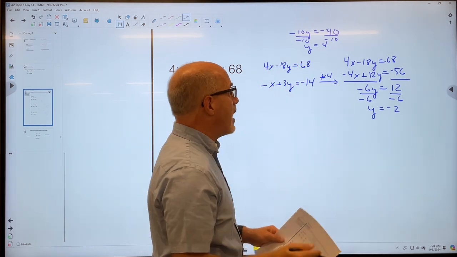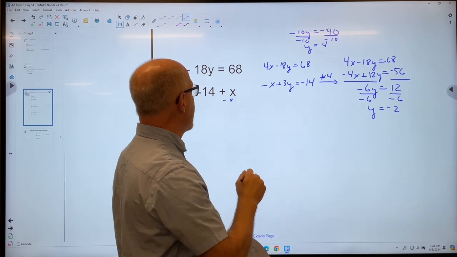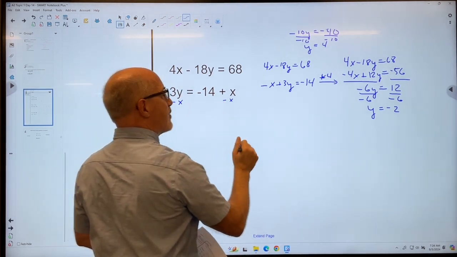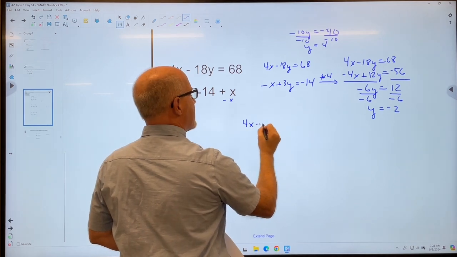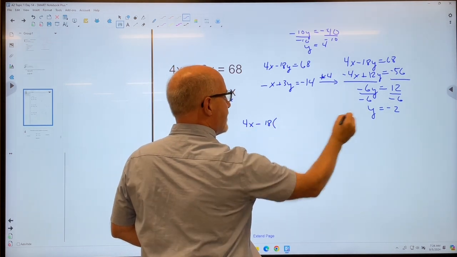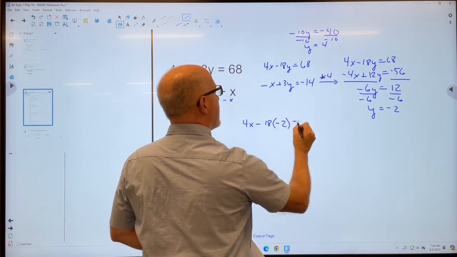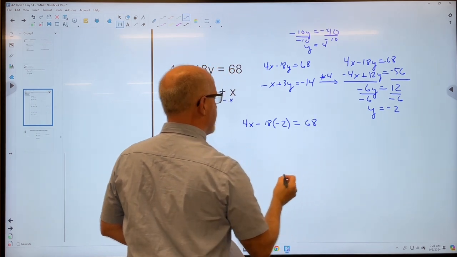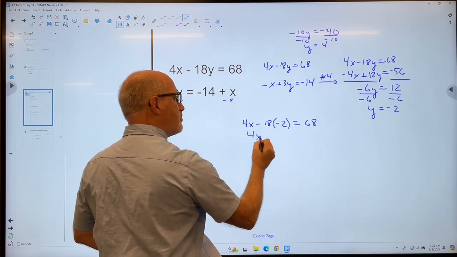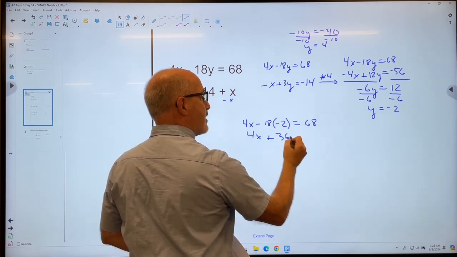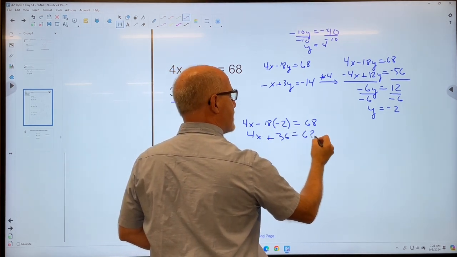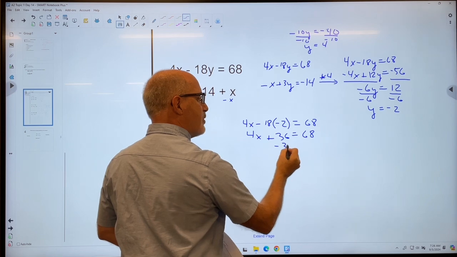Now once you have that y, we've got to go back and substitute in to get the x. I'm going to go into the first equation here. So 4x minus 18 times that negative 2, substituted in, equals 68. 4x, this will be minus 18 times negative 2 is plus 36, equals 68. Subtract 36 from both sides.